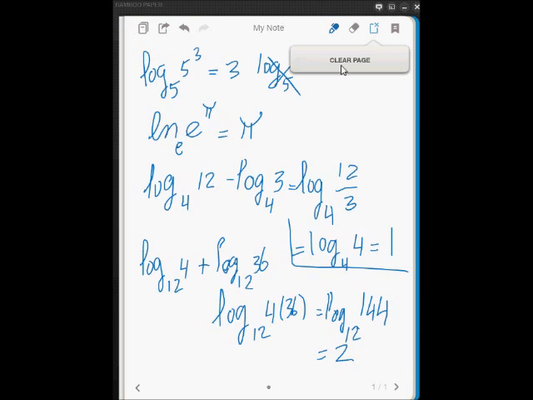Copy? Okay. Here's a rewriting exercise. What is the log 4 of 2x divided by 5? How can I rewrite that? If you have a division, you can rewrite it as a subtraction.